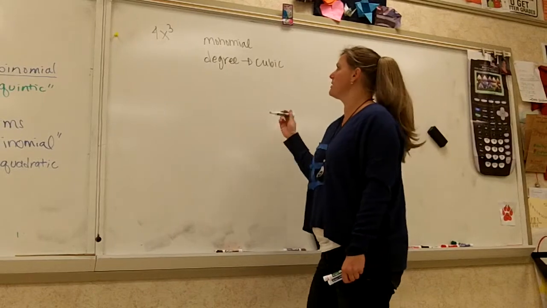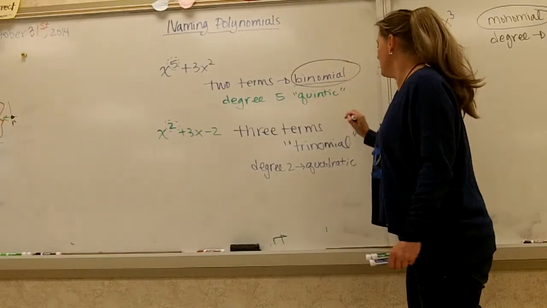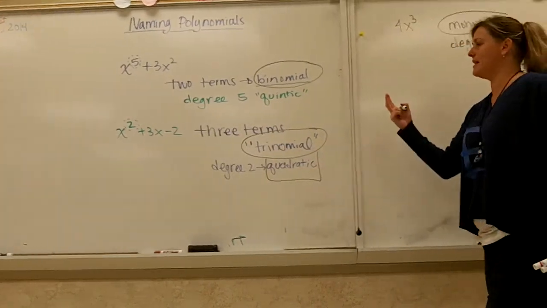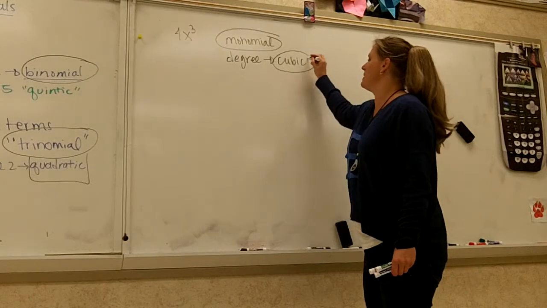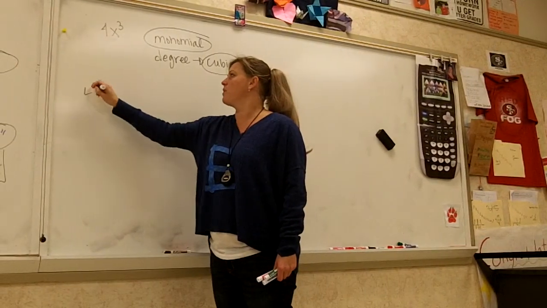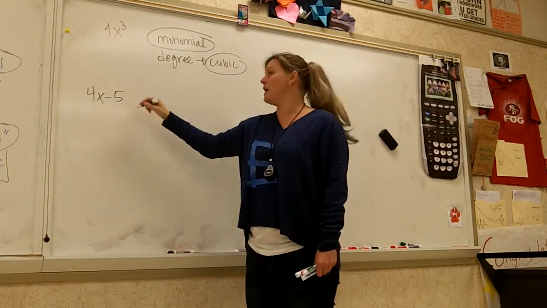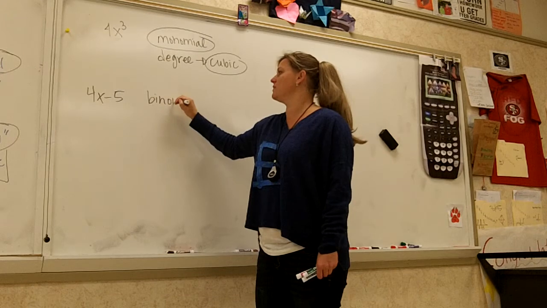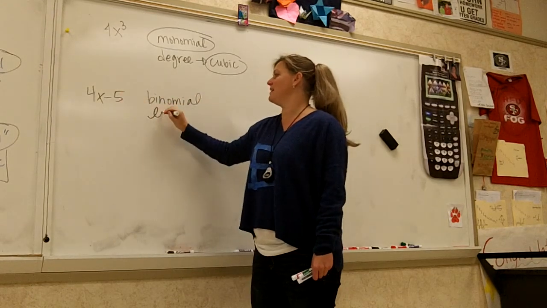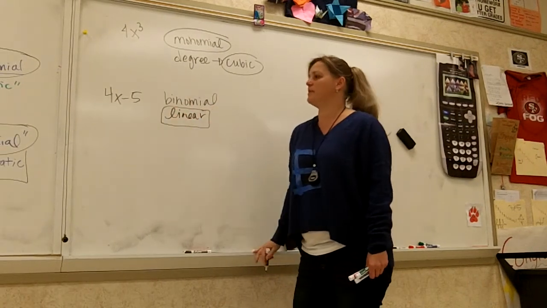So words that are important to remember for you guys are monomial, binomial, trinomial, quadratic, meaning second power, cubic, meaning third power, and then something like 4x minus 5. So this we would call a binomial because it has 2 terms, and then the power is 1, so we would say that it's linear. So another word that you need to be familiar with.